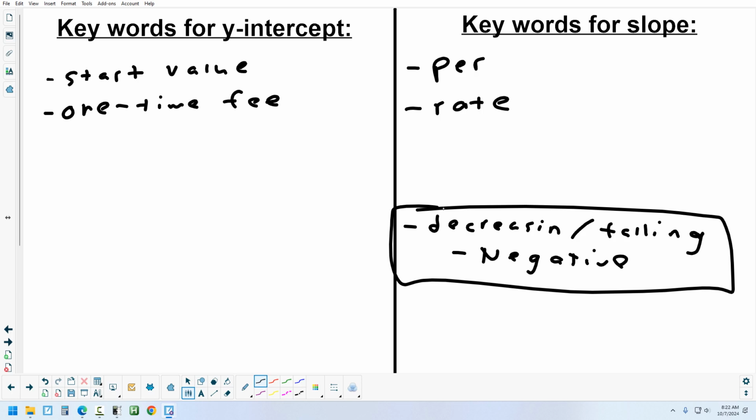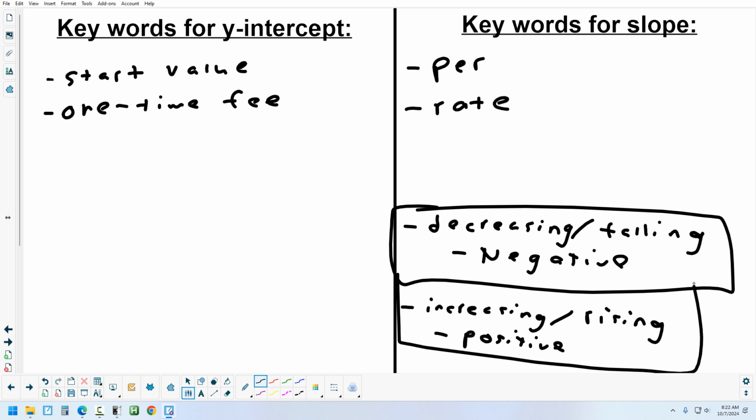If it said the level of water in the lake is rising at 2 feet per year, that's a positive slope. So you've got to keep in mind if the slope should be a negative number. I'll just add a couple words here. So increasing or rising, that would be a positive slope.